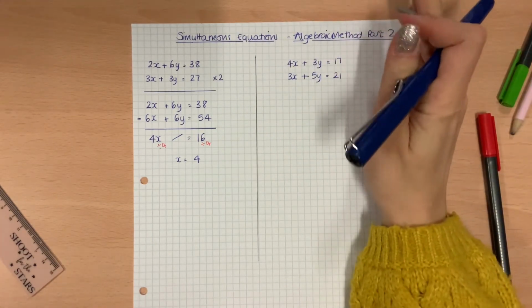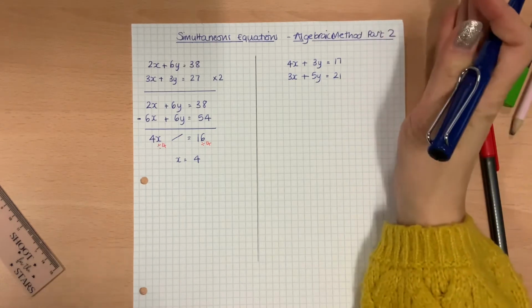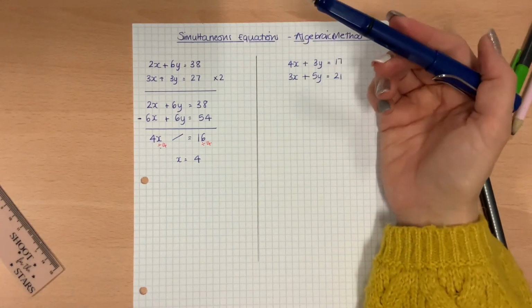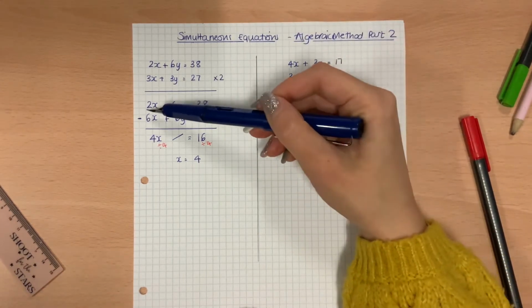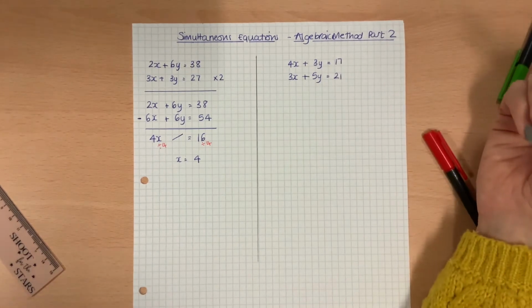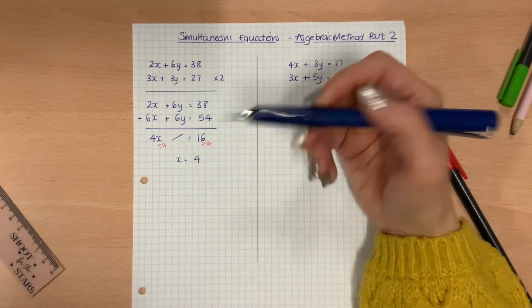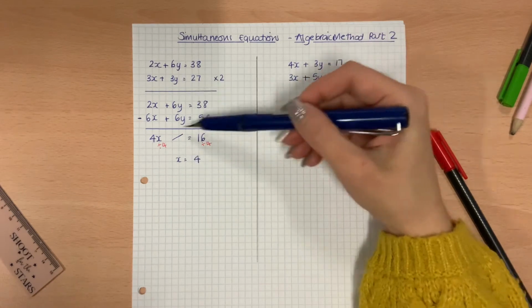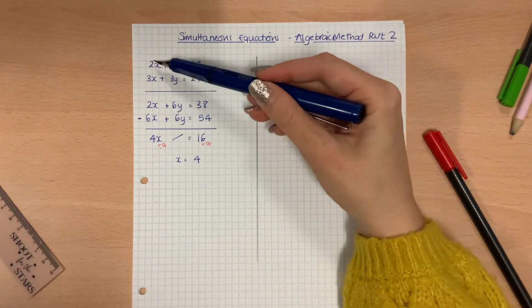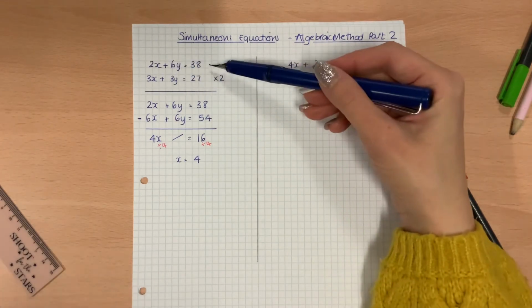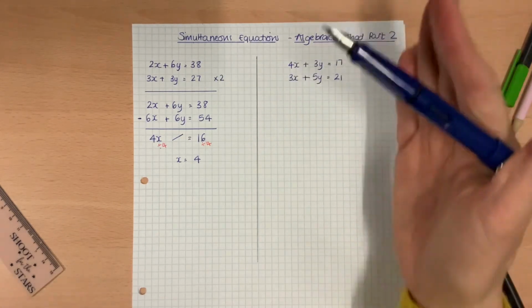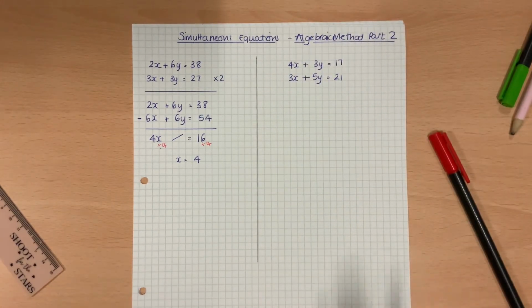My advice would be, whenever you're doing this, use one of the original equations, because if you've made one little mistake when changing your equation, you're then using the wrong equation, if that makes sense. So in an exam, if you get this part wrong, say you put x is 3, but then you substituted it into the first equation and did it correctly, you'd get some of the marks because you've done the next part right, even though your value is wrong.